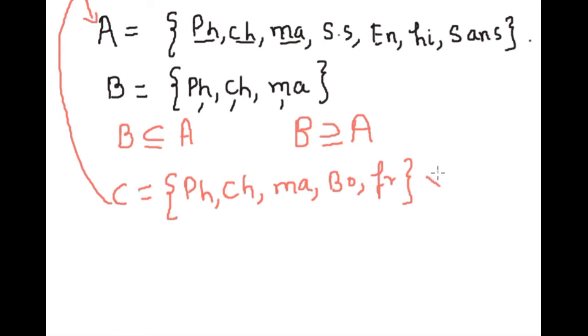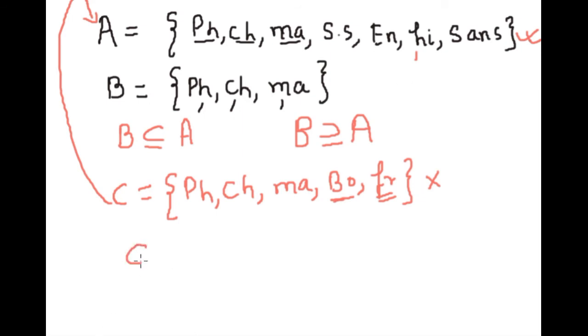No. Why? Because botany and French, these two subjects, are not elements of A. So we have to follow the definition that all elements should be available in the main set. Then it will be a subset.